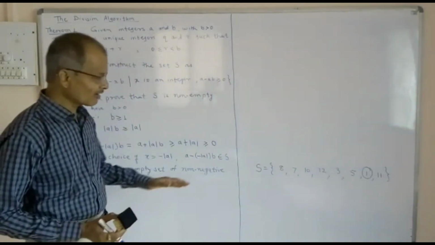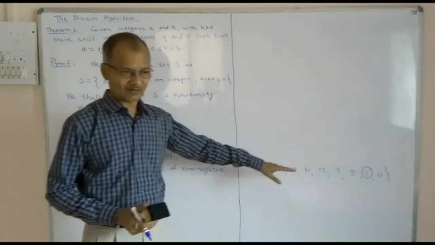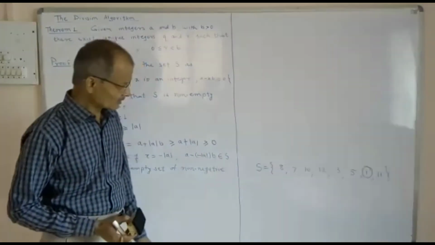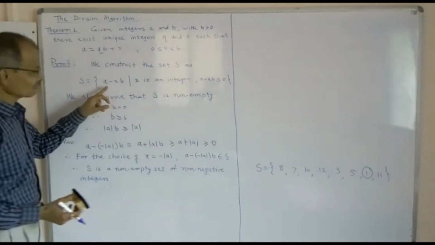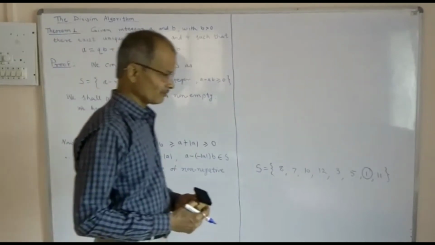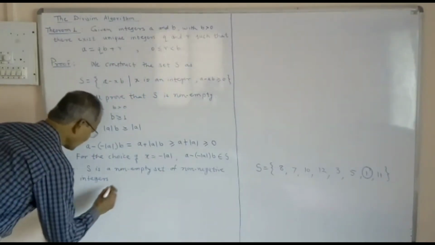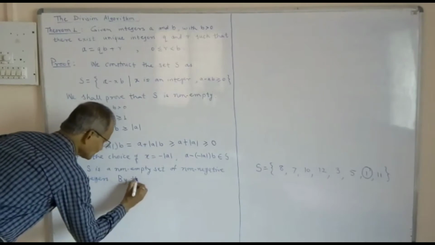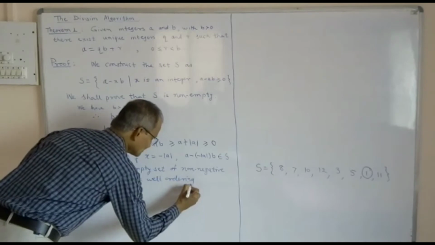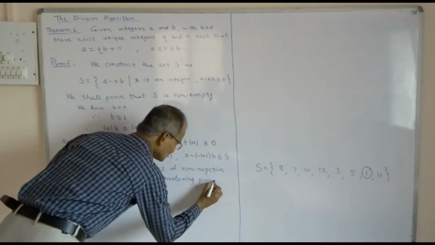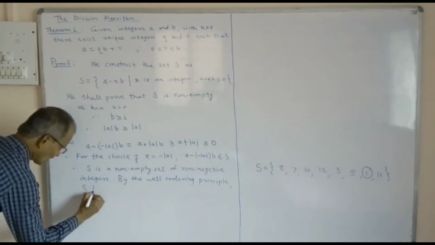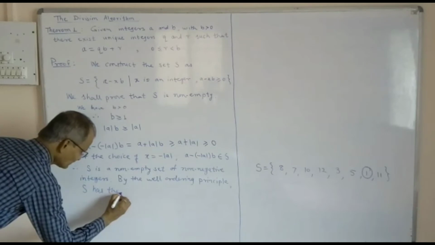So thus we can order the elements in increasing order or decreasing order, and if you order in increasing order, then the first element will be the least. So this is the property of this set also. It will have the least element, and the principle is known as the well ordering principle. By the well ordering principle, S has the least element.